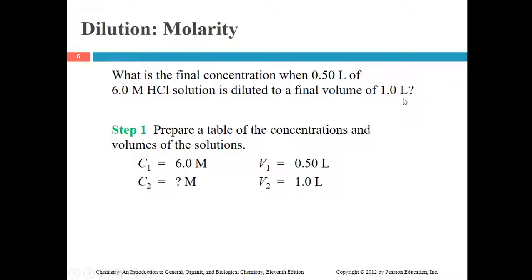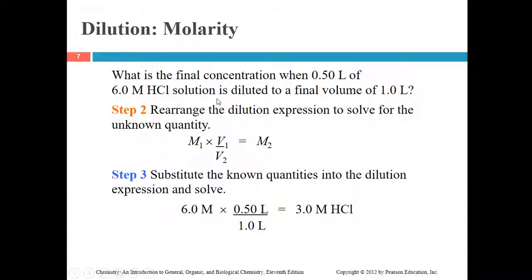So let's think about this before we even solve the problem. What's going to happen to the concentration in a dilution? Well, we know the concentration is always going to get less. So when you do this math, you better have an answer less than the concentration of the first one, which is 6.0. So here we go. We are going to rearrange our formula to solve for the second concentration, because that's what they asked for.